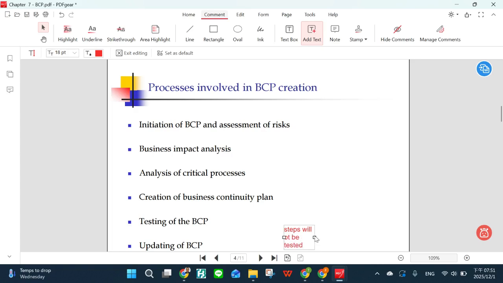Performing a business impact analysis provides the basis for putting the necessary measures in place to ensure the continuity of business operations. For example, I may ask, what is business impact analysis, as a 2 or 4 mark question.